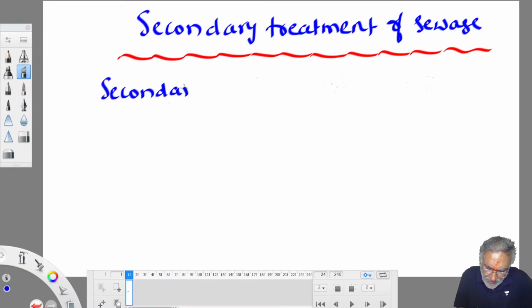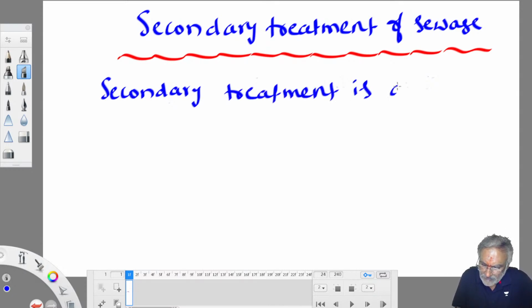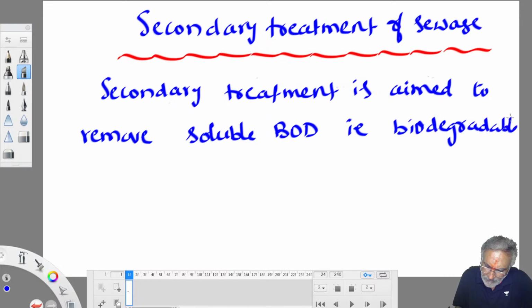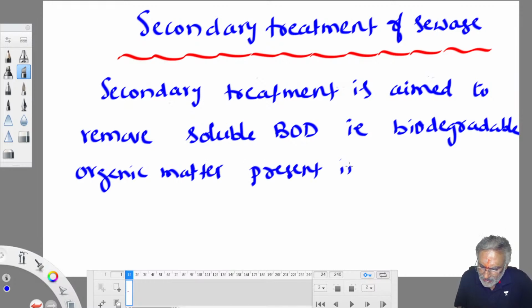So secondary treatment is aimed at biodegradable organic matter present in colloidal and dissolved form, that's called soluble BOD.